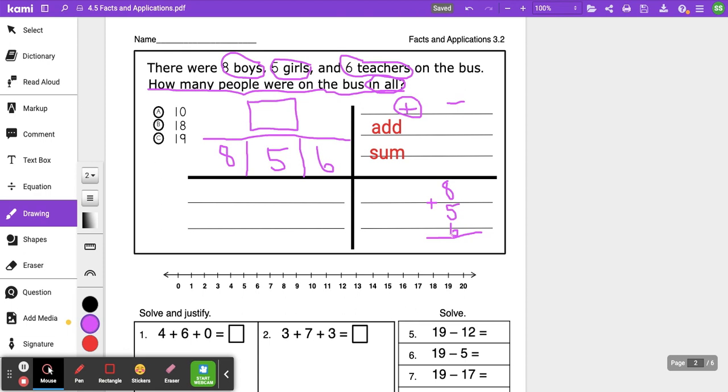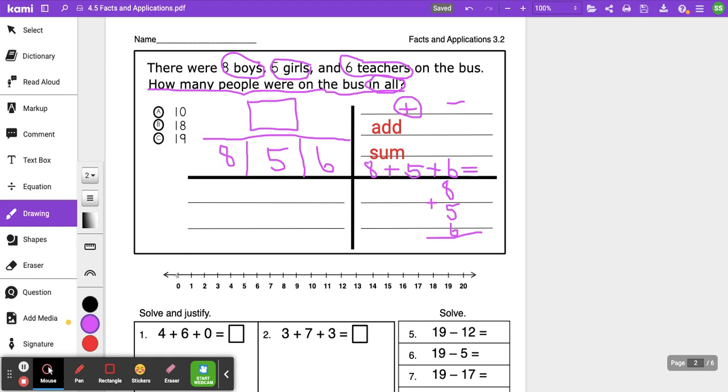I'm putting 8, 5, and 6 all together. You can also write it horizontally, like we've been seeing it lately, or I could write it 8 plus 5 plus 6. You can write it like that and have 2 plus signs. But when you write it up and down, when you write it vertically, you only need 1 plus sign. Okay, 8 plus 5 plus 6.